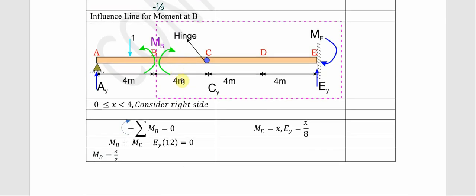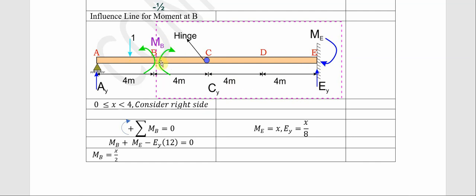Considering the moment, we calculate the summation of moment at point B to be equal to 0, starting from 0 to s to 4. So we are considering this side when we apply the load here. So we have moment about B plus moment about E, and we also have our EY coming to this side.